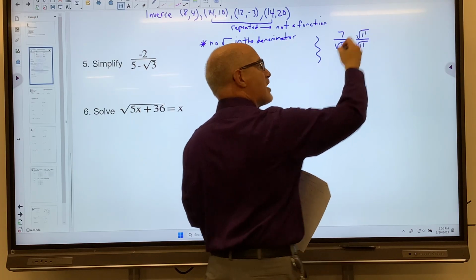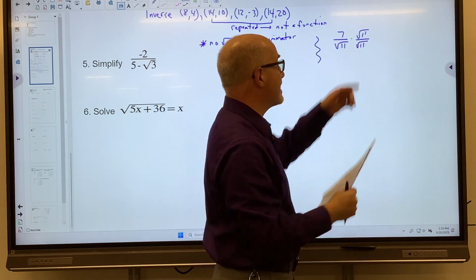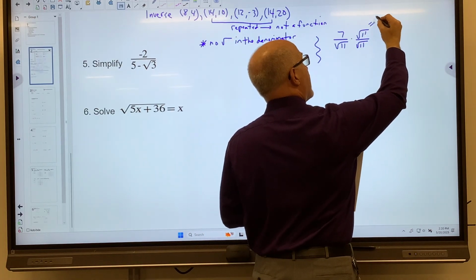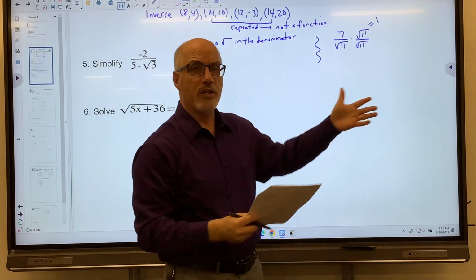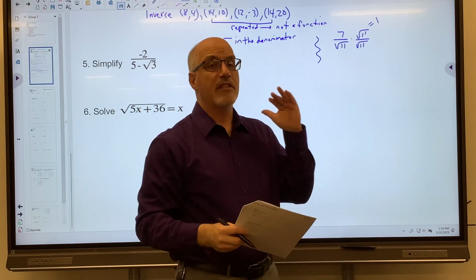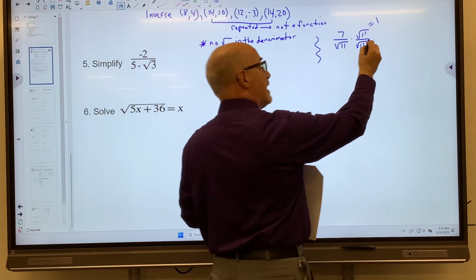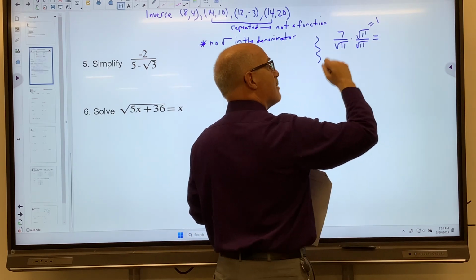Now, this fraction, we can multiply by it, because that's equal to 1. And when you multiply by 1, you don't change the value, but the form of it's going to change. It's going to be equal to it, but it's going to be in a different form.